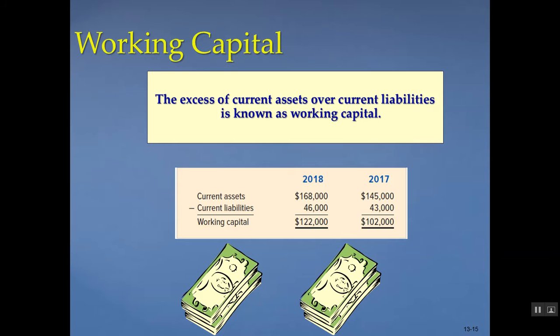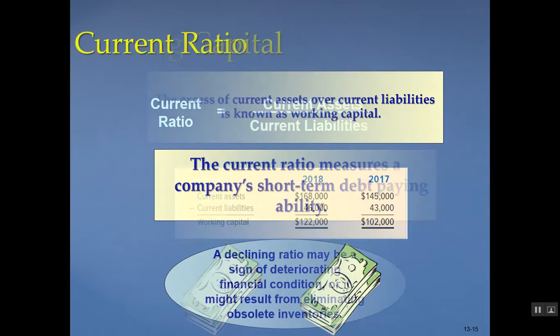So this company's working capital dramatically increased from 2017 to 2018, but the numbers themselves say little without also considering the company's size, industry, and other economic factors. So it's hard to look at this in a vacuum without knowing more about the company.